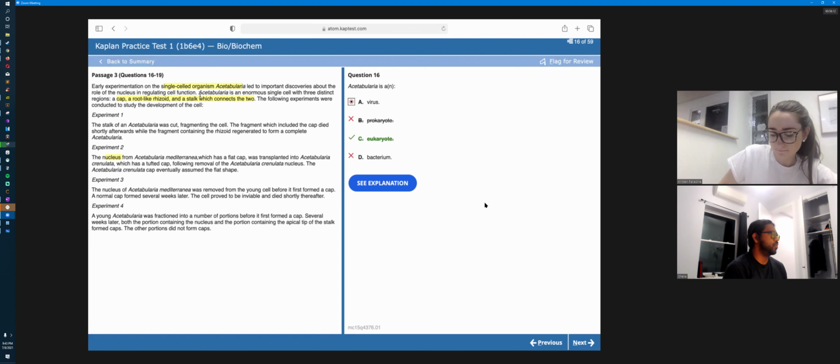Okay, so experiment 1 says that they cut the stalk of the cell, and before that we know that this thing has a cap, a root-like rhizoid, and a stalk, which connects the two. Wait, that's why I thought it was a virus. Which part? I don't know, like the capsule. Oh, you're thinking of the capsid?